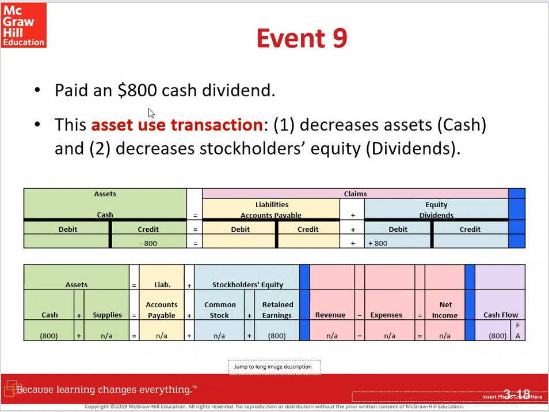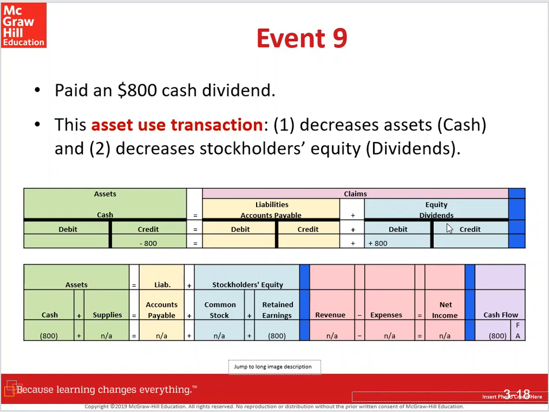Event 9, paid an $800 cash dividend. And again, a lot of the same thinking as the previous transaction. So cash and therefore assets are going down. So that's a credit of 800. And then over on the equity side, we're going to record dividends. If we're paying dividends, dividends is going to cause retained earnings and owner's equity to go down.